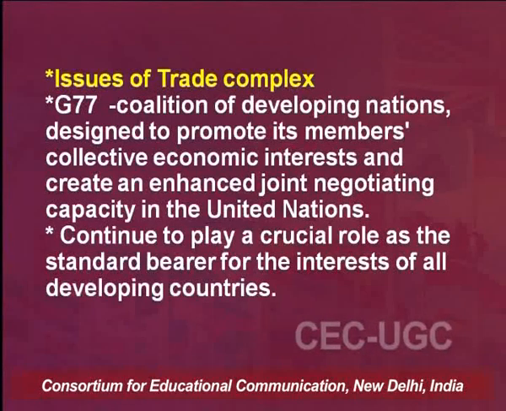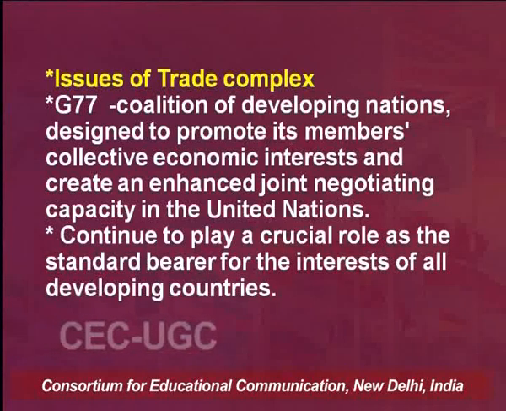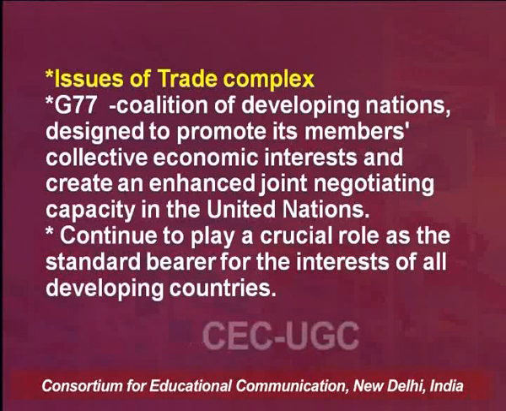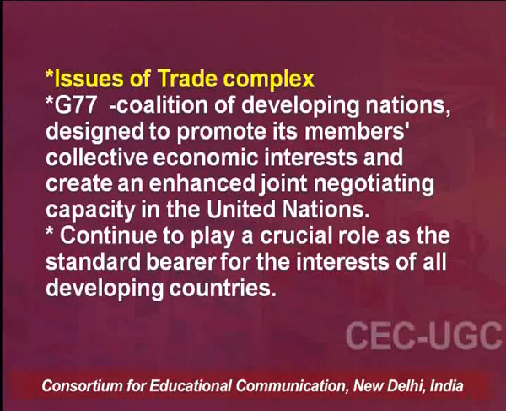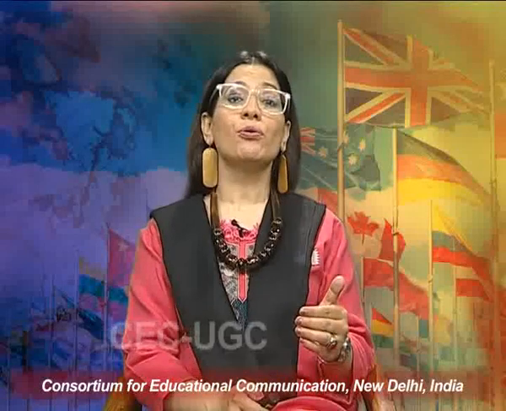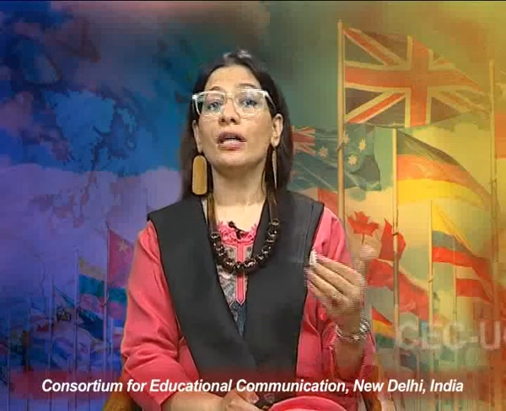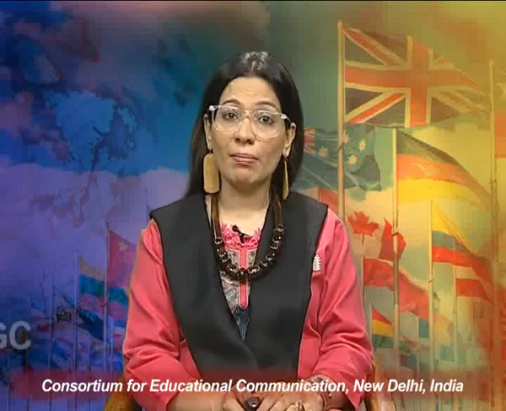So, dear learners, issues of trade are complex. G77, which is a coalition of developing nations designed to promote its members' collective economic interests, creating enhanced joint negotiation capacity in the United Nations, there has been a call that it must continue to play a crucial role as the standard bearer for the interests of all developing countries.